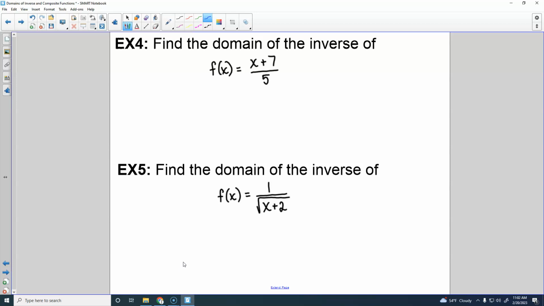It has to have an x in the bottom to be rational. So what this really is, is just 1/5 x plus 7/5. What kind of function is that? It's linear. So you're just looking at a slanted line is all you're looking at for that one.